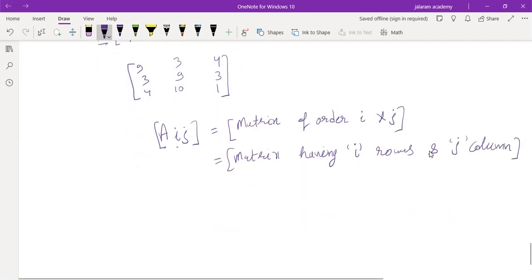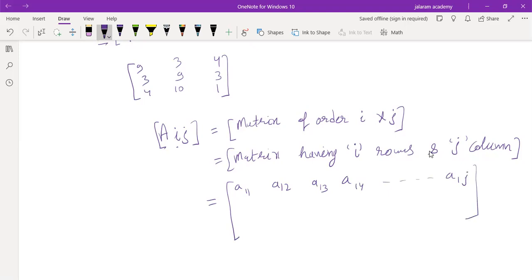We can also write A11 means element of first row, first column. A12 means element of first row, second column. A13 means element of first row, third column. A14 means element of first row, fourth column. And finally, A1J means element of first row and Jth column. Is that clear to you?